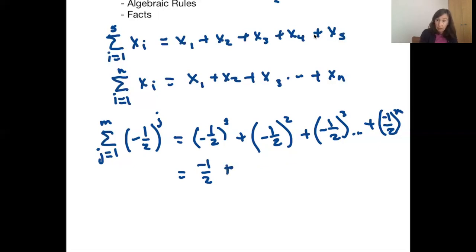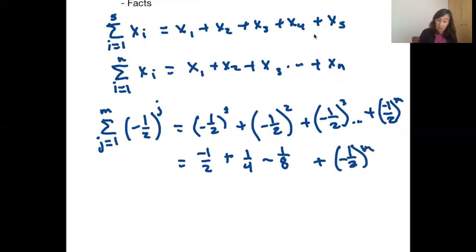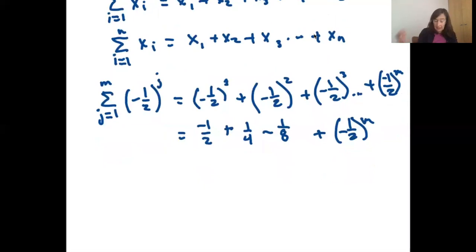The negative times the negative gives us a positive. -1/2 to the third power, -1/8. Okay, so we're getting a picture of powers of -1/2, and we're going to end at this. We don't know what that is because we don't know what m is, but it would be true for any value that m could take.